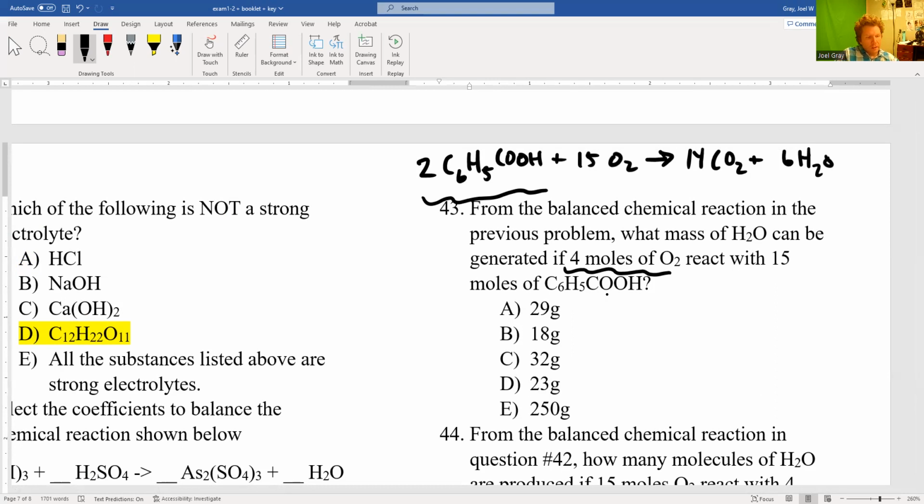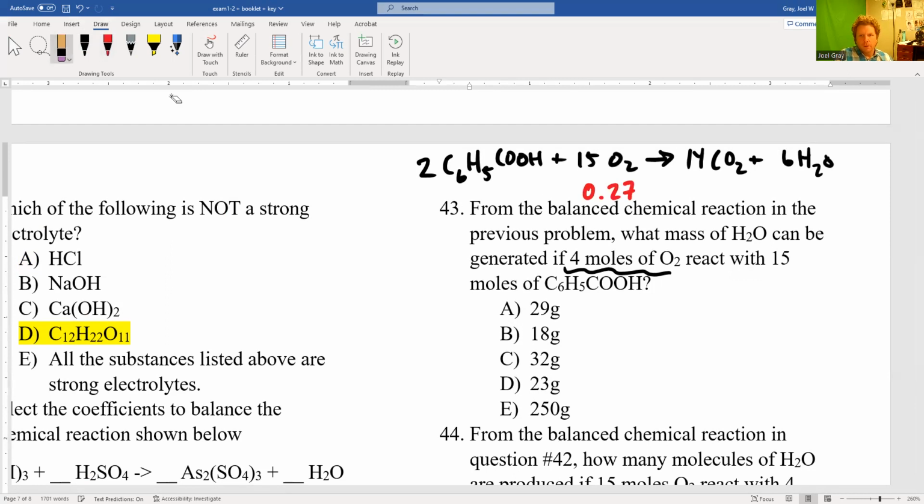A quick and easy way to solve this problem and identify your limiting reactant is to take the number of moles that you're provided with and divide it by the coefficient and come up with a nice little ratio. So the way that that's going to look is I'm going to take the number of moles of O2 that I'm provided with, 4 divided by 15. And I'm going to get 0.27, I'll call it.